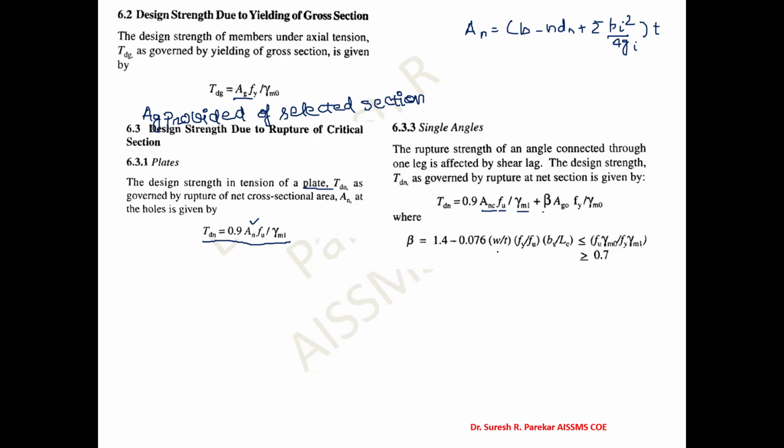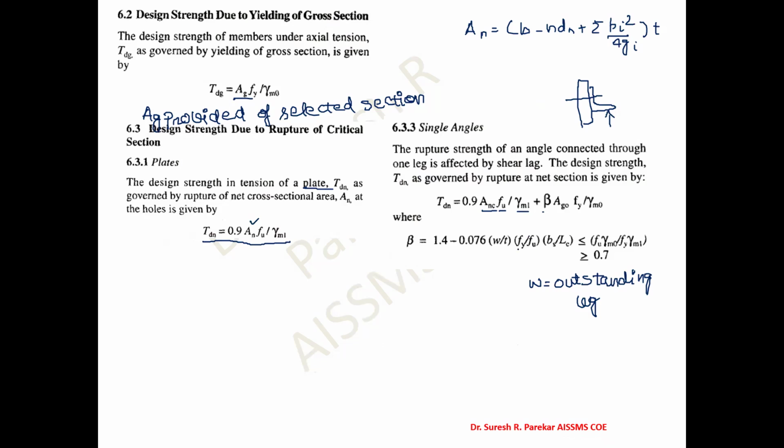Now the beta formula is given. In this, w is the outstanding leg. I will write it one by one. If I draw the diagram over here, this will be the gusset plate connecting, we have connection with bolts, and this is my outstanding leg.